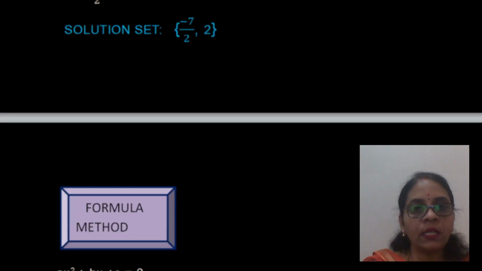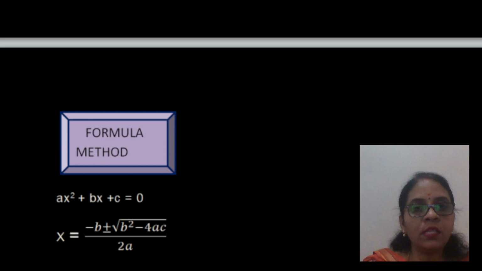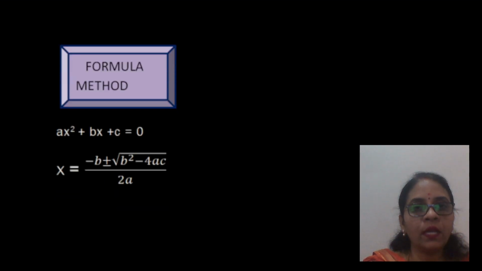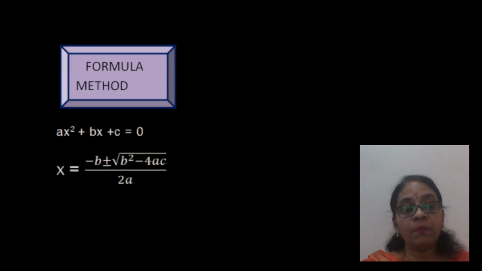Now coming to the next method, which is the formula method. Okay. Children, a mathematician called Sridharacharya formulated this. For the quadratic equation, he formulated this formula as minus b plus or minus root over b square minus 4ac by 2a.